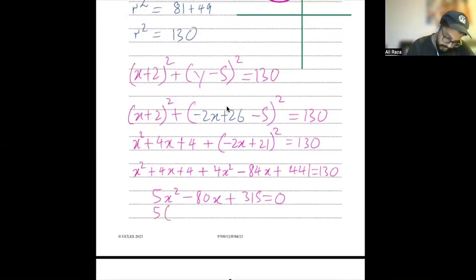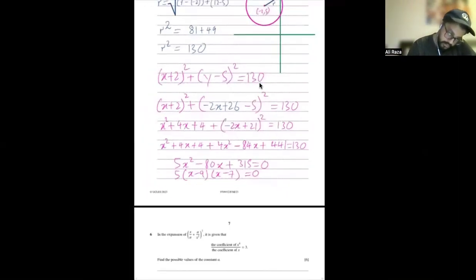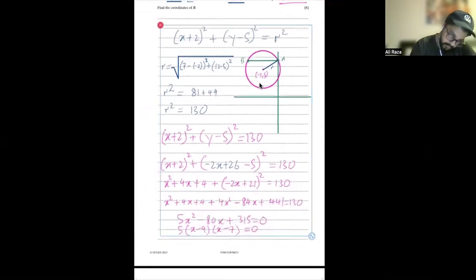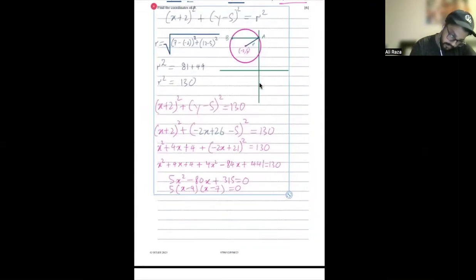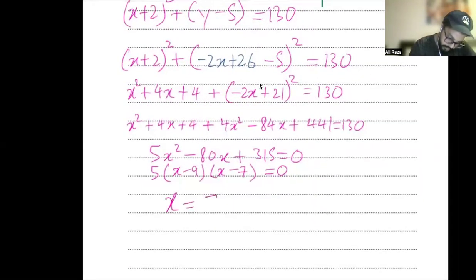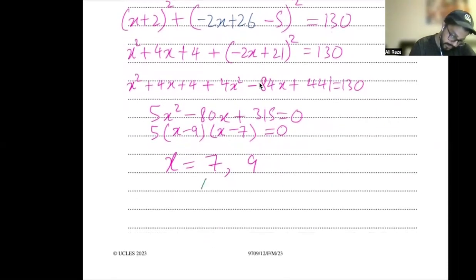This can be simplified to 5 bracket x minus 9 and x minus 7 is equal to 0. The x coordinates come out to be 7 and 9. We know that 7 is already the x coordinate for A, so 9 would be the x coordinate for B.